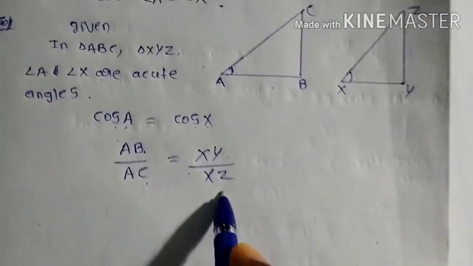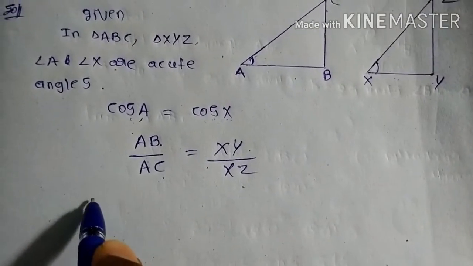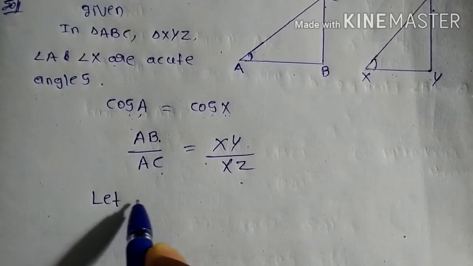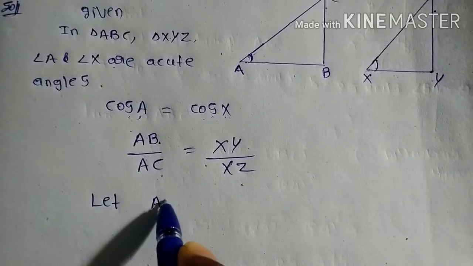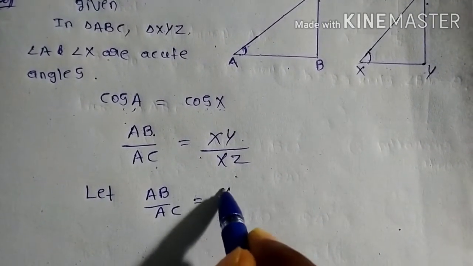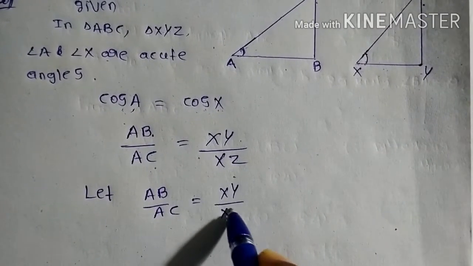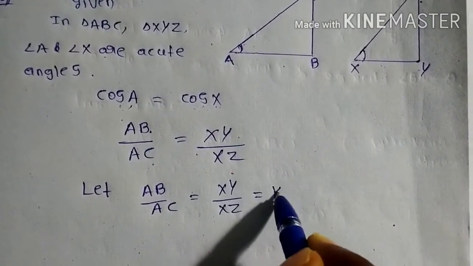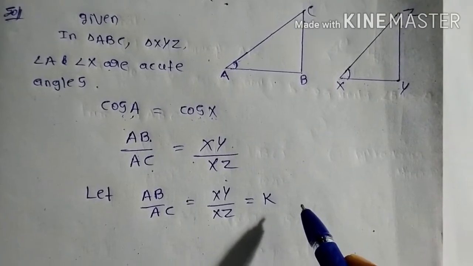Here I am taking one constant. Let AB by AC is equal to XY by XZ is equal to K. Here K is any constant.